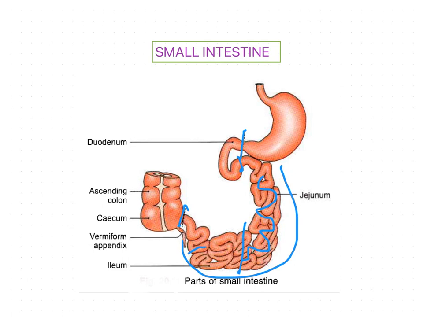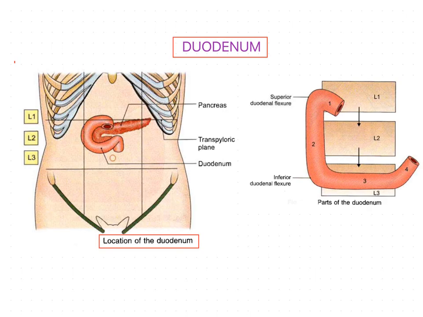Now in this session we are going to discuss the first part of the small intestine, that is the duodenum. We will move on to the duodenum now. The duodenum is the shortest, widest and most fixed part of the small intestine.